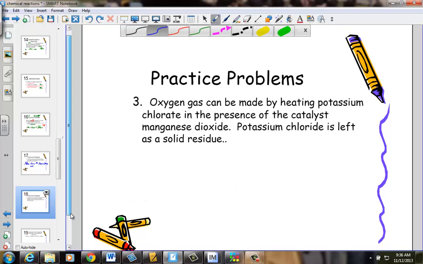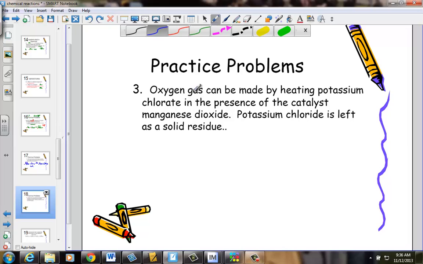This one is a little unique in that it's talking about something being made right off the bat in my sentence. So I think what I'd like to do is just get my arrow set up that will separate reactants and products. And I can kind of read through the problem at that time, putting it on the correct side. See, if I'm making oxygen gas, I better put it on the right side of my arrow. So let's begin with that.